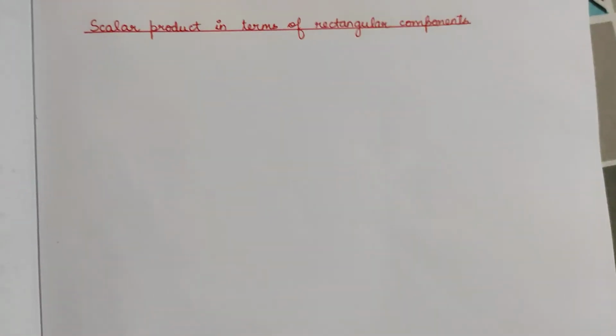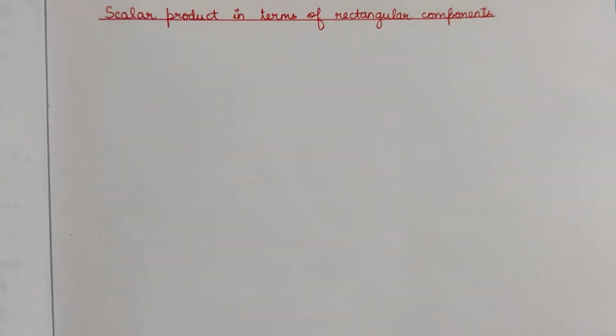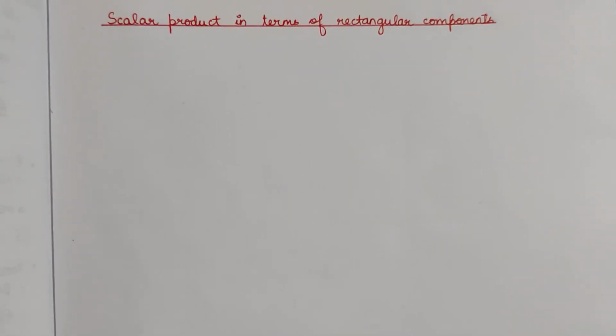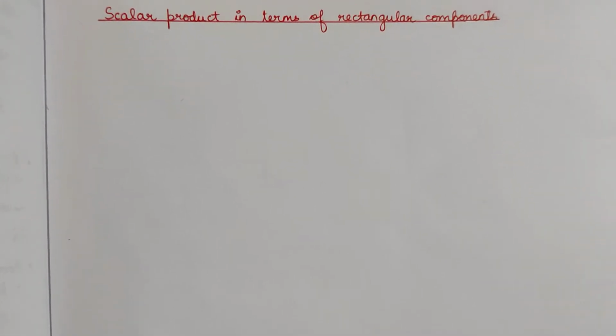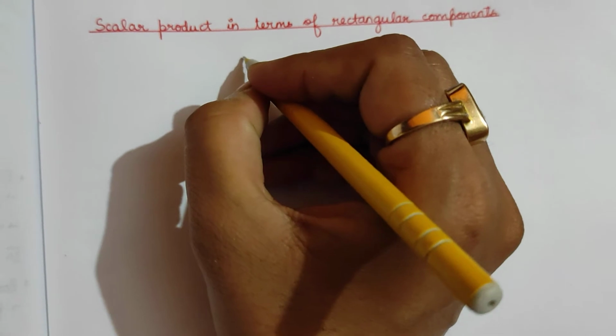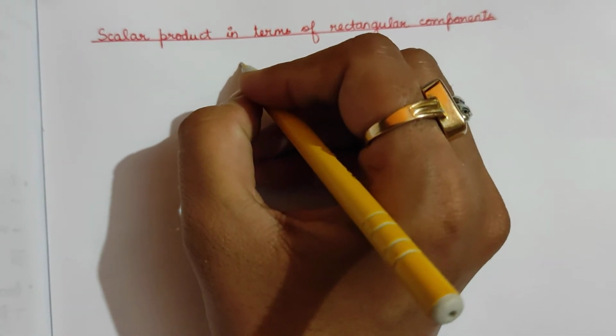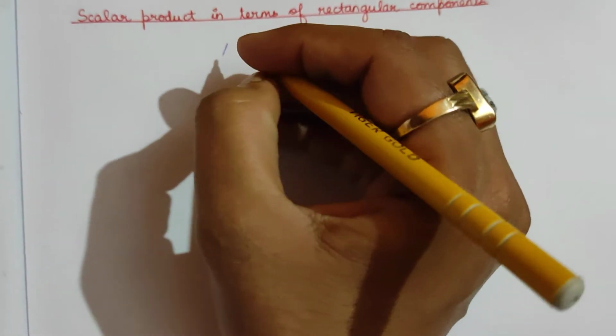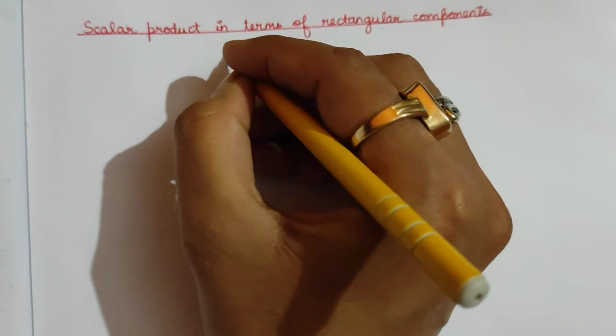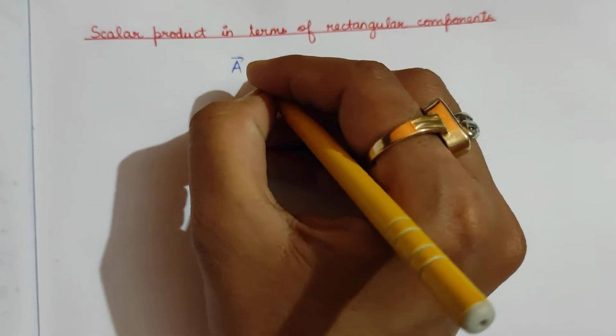Now I told you that scalar product can be given in terms of its rectangular components. As we have studied already about rectangular components, how can vector A be represented?